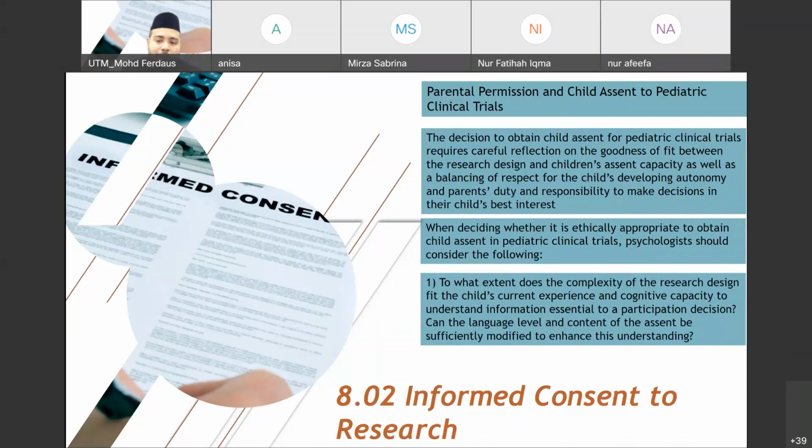One, to what extent does the complexity of the research design fit the child's current experience and cognitive capacity to understand information essential to a participation decision? For example, if they don't have enough understanding of the factors, then we can ask the parents.